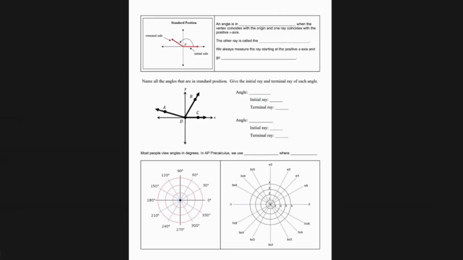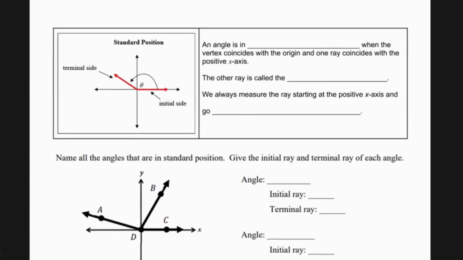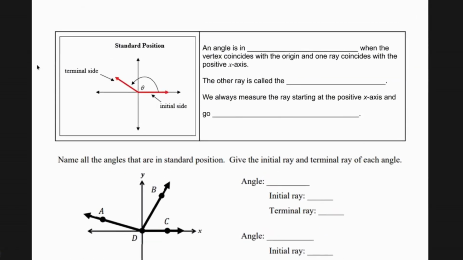Some more definitions, may be brand new, may not be, is we have angles in what's called standard position. Now, what we're going to look at 90% of the time is an angle where you begin on the positive x-axis and you rotate counterclockwise to create an angle that we'll call theta more often than not, and then you end on what's called the terminal side.